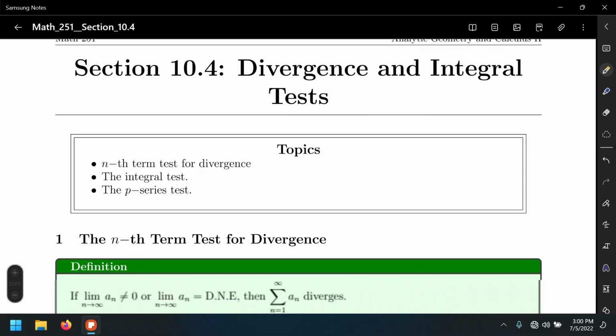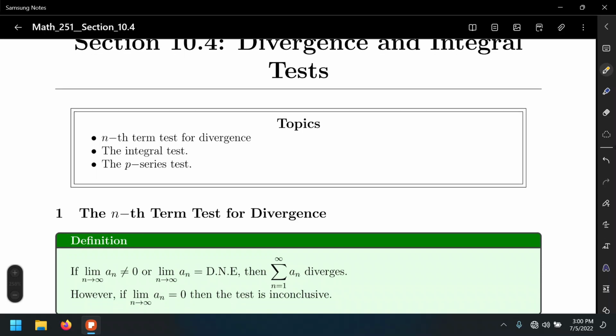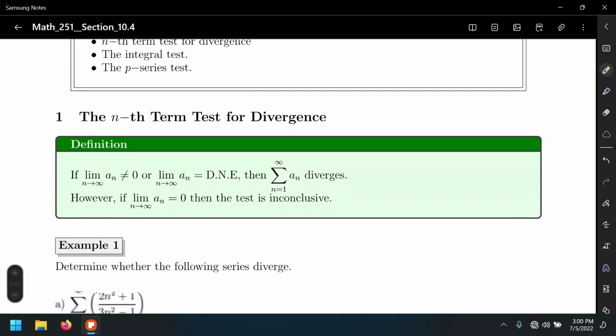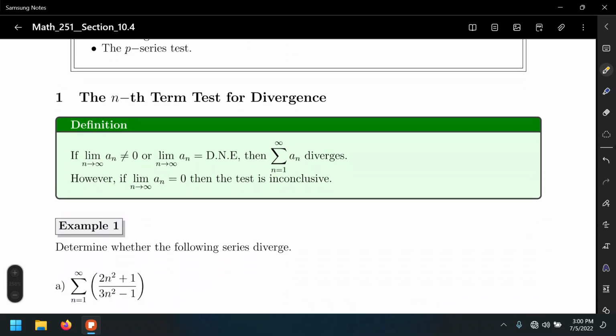For now, let's look at one of the easiest, I guess, divergence or convergence tests. This one is called the nth term test for divergence. So, we will be given a series, sigma n equals 1, or whatever it starts at, to infinity of a given sequence.